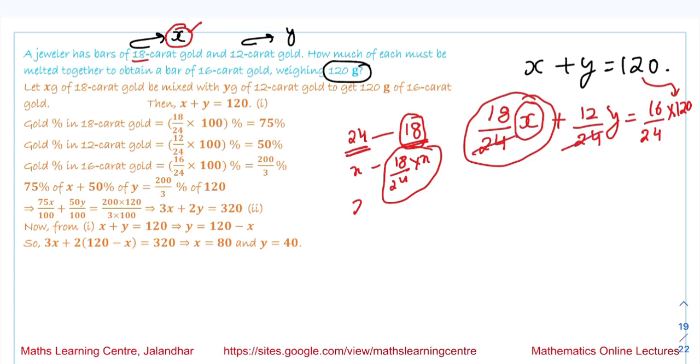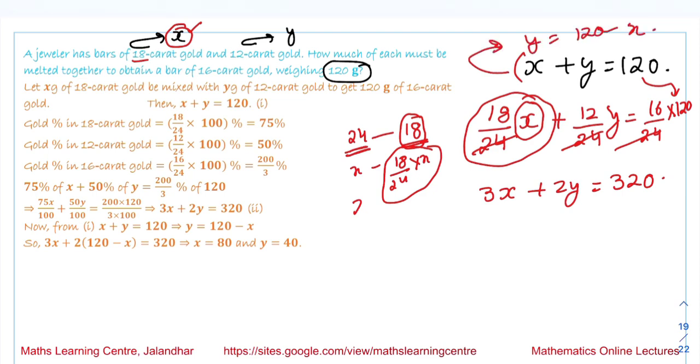So this 24 gets cancelled, and on solving the equation we get 3x plus 2y equal to 320. From the first equation, we can calculate y is equal to 120 minus x.